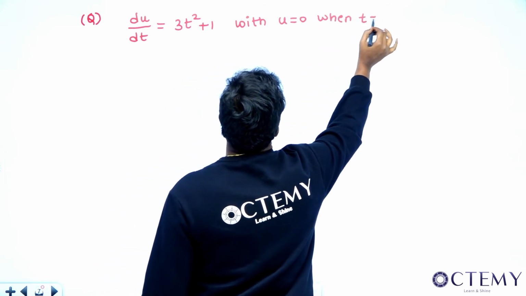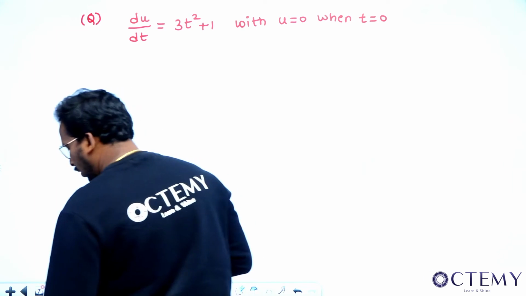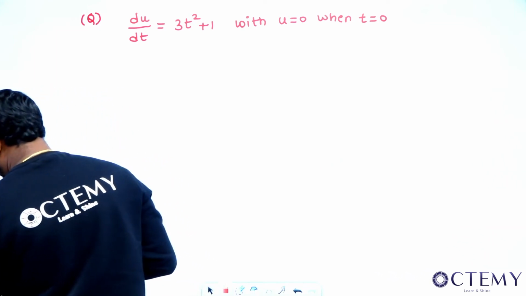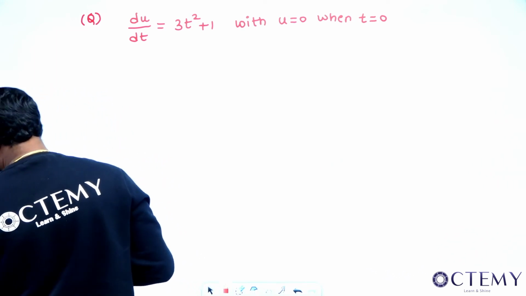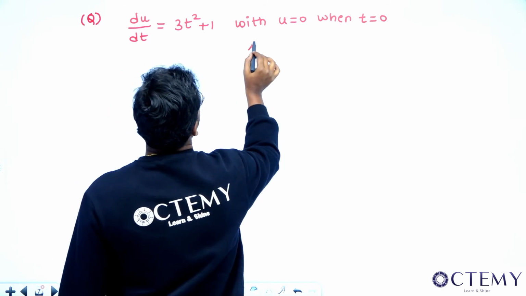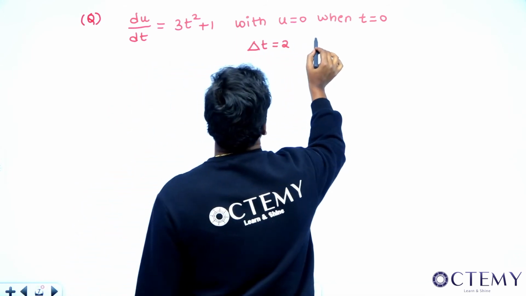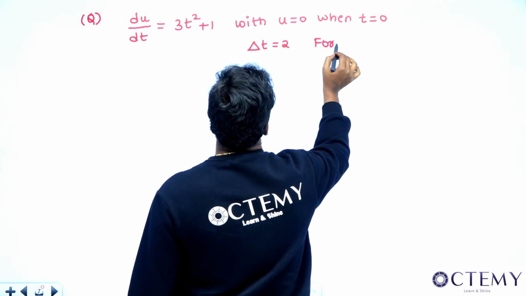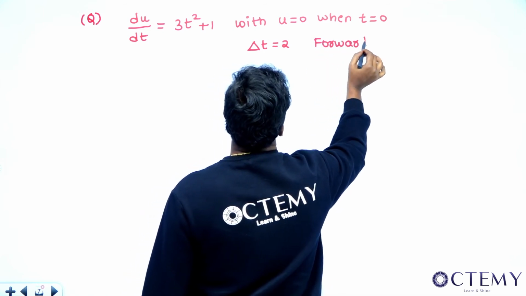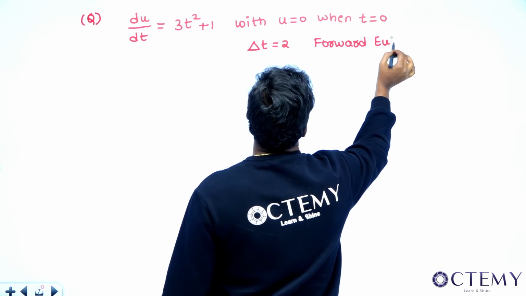Okay, very good, sir. And he is telling what? The numerical is solved using forward Euler's method with delta t is equal to 2. He is telling delta t, that is step size, is equal to 2 and forward Euler's method is used.